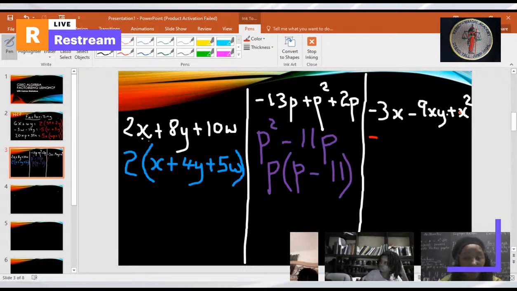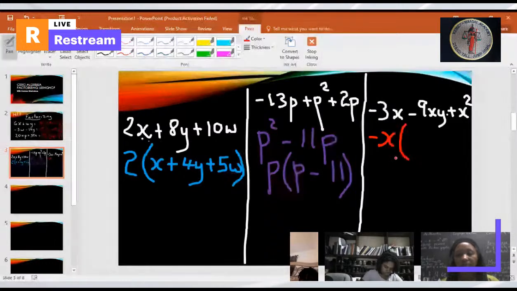We can if push comes to shove, but we like to leave our answers in an elegant form. So we cannot put a negative 3 out here, or we would have to put a 1/3 here. So what are we putting then? Negative x. That's the common factor. Right, so what's left in the bracket?